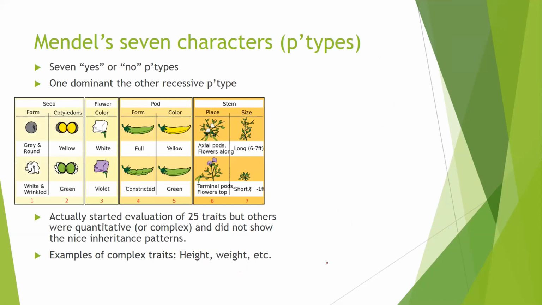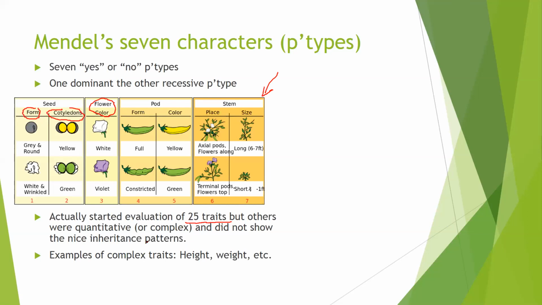Let's look at the experiments that Mendel did in his time. As I mentioned, he studied different phenotypes for the pea plants: the seed shape, the seed color, and the flower color. In fact, he studied more than 25 traits, but only 7 traits showed data in agreement with his hypothesis.